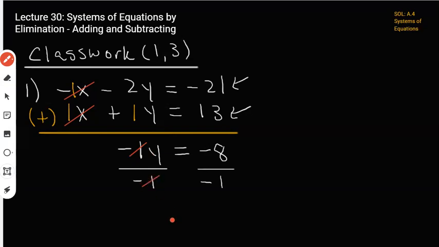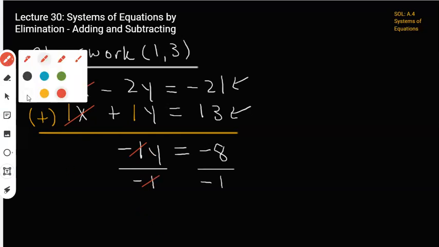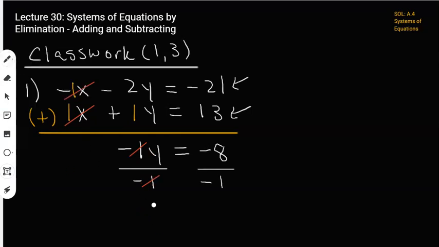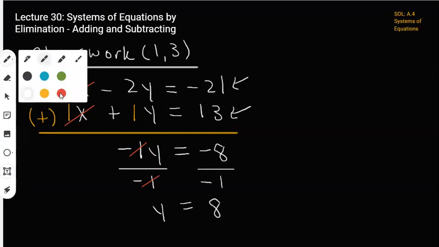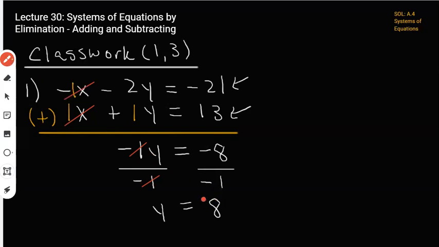They're going to divide to give me positive 1. And then I'm only left with a y on the left side. On the right side, I have negative 8 divided by negative 1, and that's going to give me a positive 8. So now I know the answer for y. Y is equal to 8.